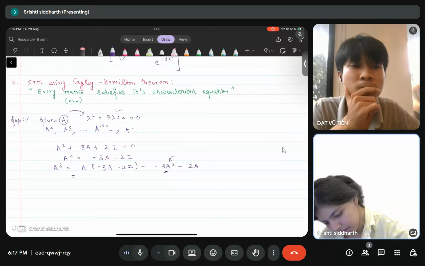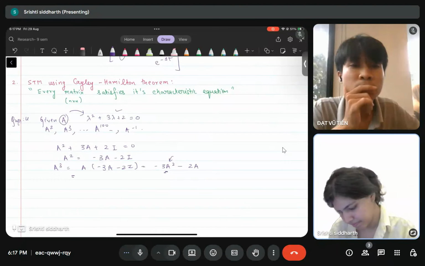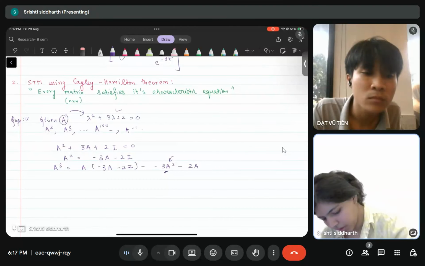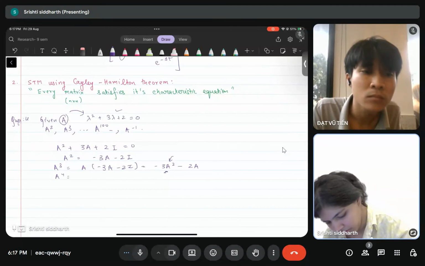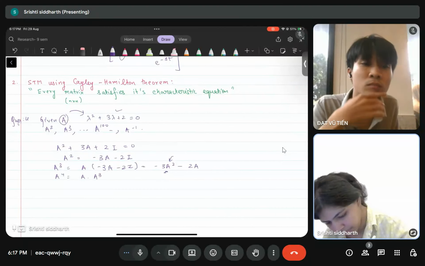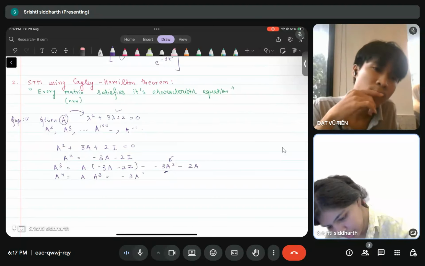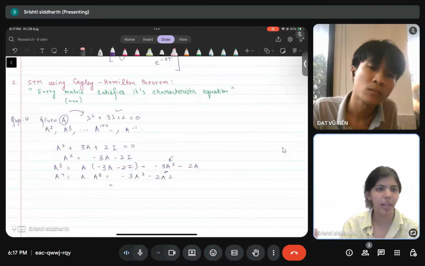So this is the basic one. We can reduce A to the power 4, which is A times A cubed. Then we do minus 3A cubed minus 2A squared, and then we substitute for A cubed.